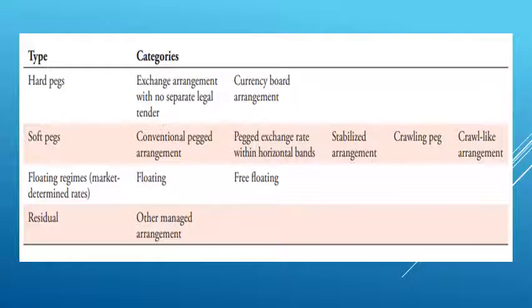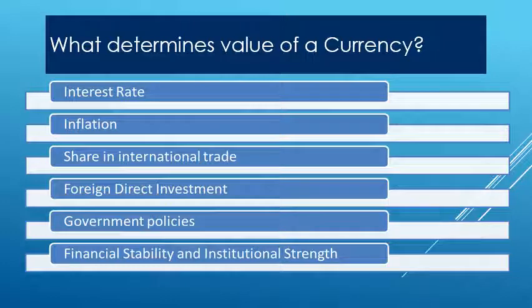Now, coming to the first question where I started, which was basically about how the value of currency is determined. So let us have a look at that. What determines the value of a currency? If I have to answer that question, there are a lot of factors that will determine the value of a currency. One factor will be interest rate.